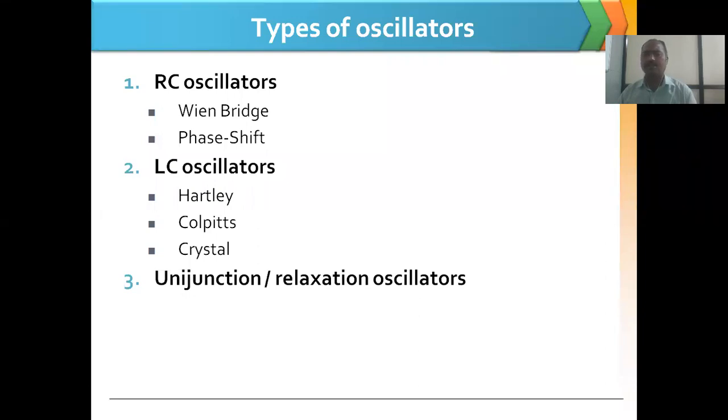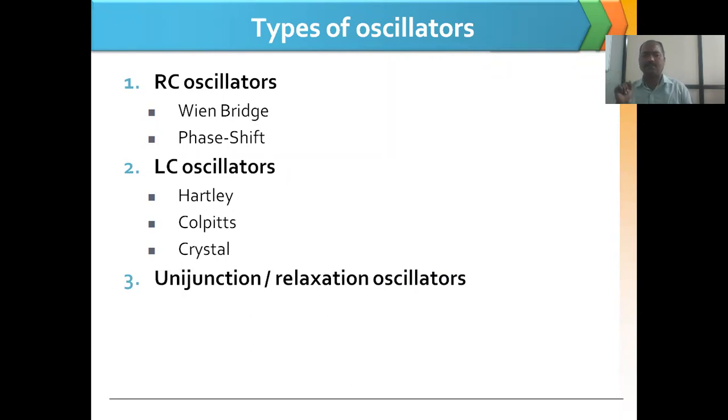These are the two types of RC oscillator. LC oscillators include the Hartley oscillator, Colpitts oscillator, and crystal oscillator. These are the three types of LC oscillator, and the RC oscillator has only two types, Wien bridge and phase shift. Then another type of oscillator is the unijunction or relaxation oscillator, used for continuously changing frequency.